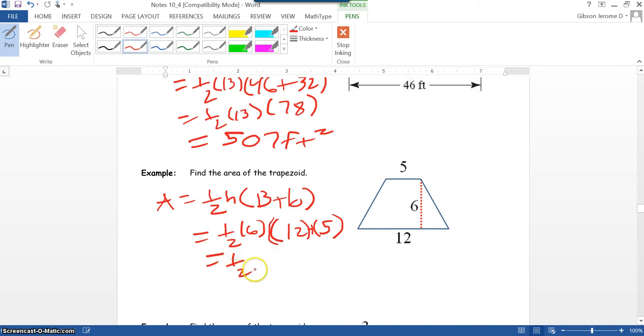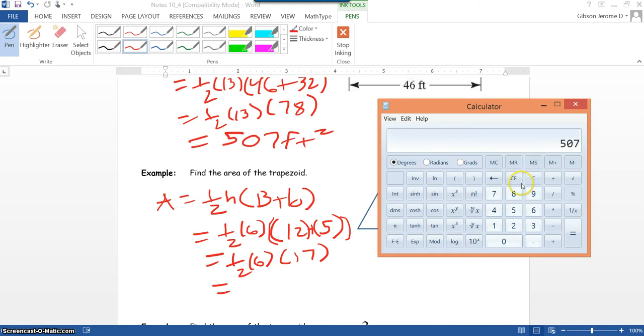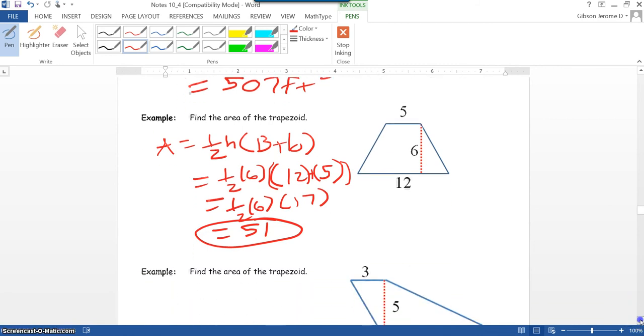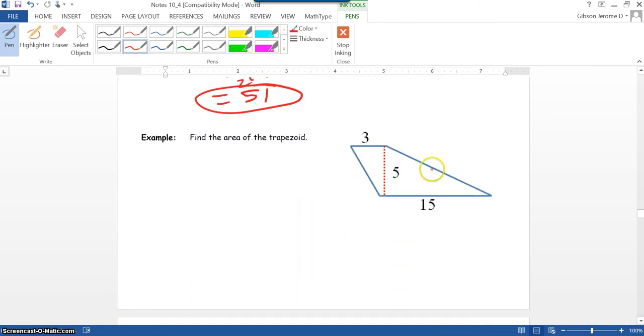So now we will have 1/2 times 6, 12 plus 5, we know it's 17. So we can put that in our calculator. We have 0.5 times 6 times 17, which is 51. And that is our final answer. That is our area.